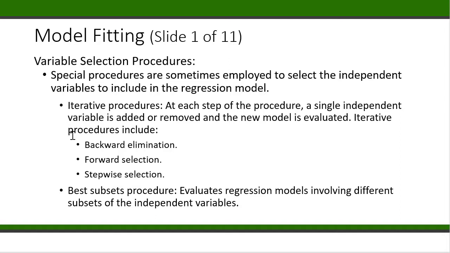So for sales, maybe price would be a good predictor of that. And so it's an iterative process, a set of procedures where you can go through and pick those independent variables. One thing is called backward elimination, forward selection, and stepwise selection.